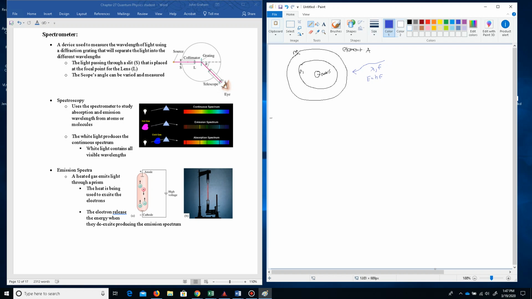And it will cause the electron, which I'm going to make brown in this case, let's say this electron here, to gain that energy, and if it gains enough energy, it will jump to this orbit.